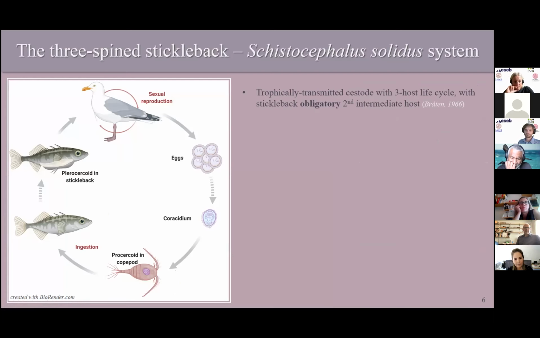What we need to remember for this presentation is that an early life form of the cestode gets eaten by these invertebrates called copepods, which are essentially food for the stickleback. So when a stickleback eats an infected copepod, it gets infected itself, and the cestode grows in its body cavity, as we can see here. And then the stickleback gets eaten by the bird, which is the definitive host, and the cycle starts again.